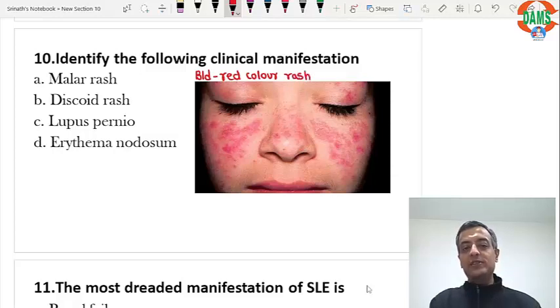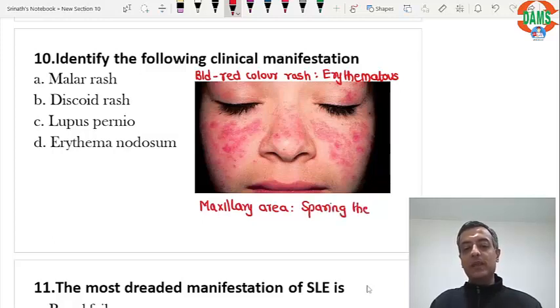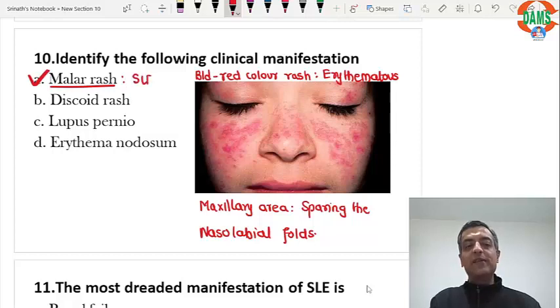That is why it is known as the erythematous rash, which is present over the malar area without sparing the nasolabial fold. It is the classical feature of SLE, the malar rash, the most specific feature of SLE.